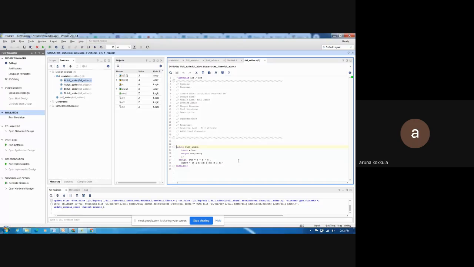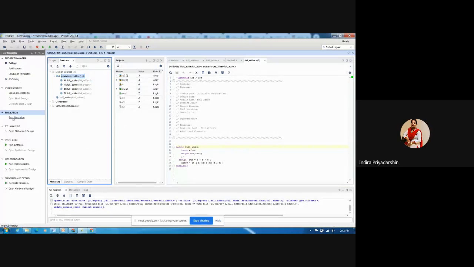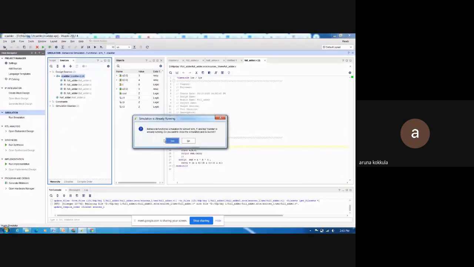Some A, B or C. This is good. So run simulation. Yes.